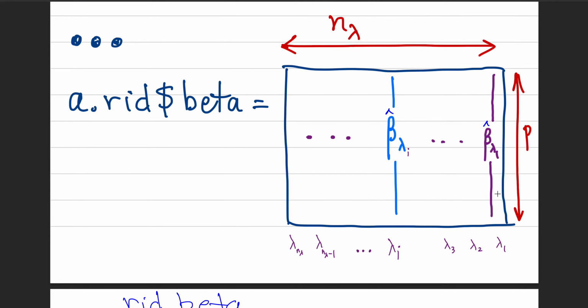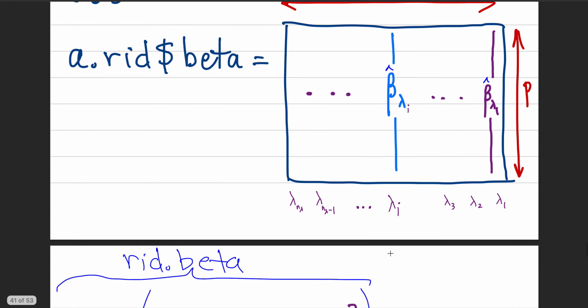The first column gives us the first estimated beta, the second column gives us the second estimated beta corresponding to the second lambda, the third column gives us the beta coefficients corresponding to the third lambda. So each column refers to the estimated coefficients corresponding to a lambda.